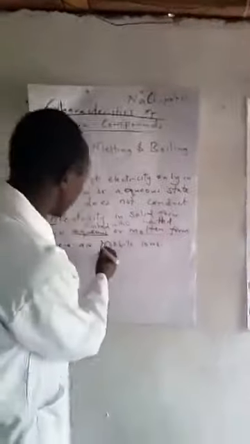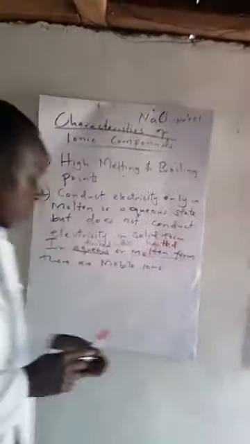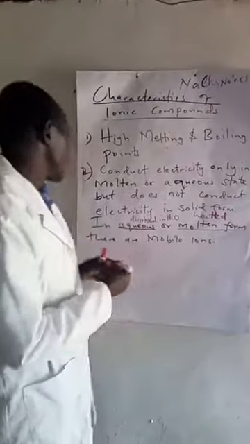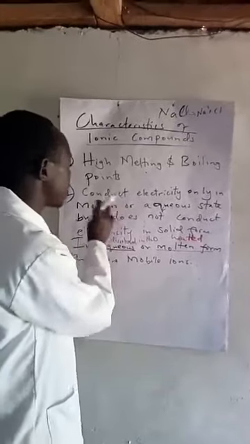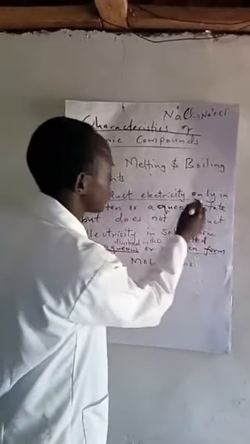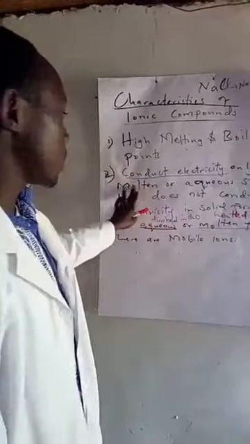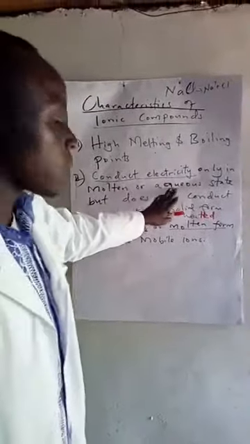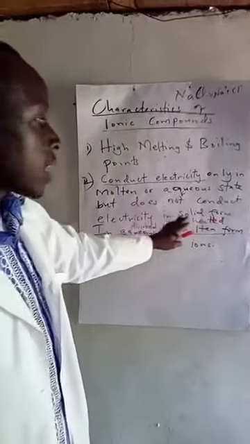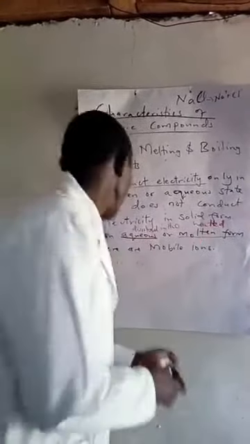That's why we are saying mobile ions. Now, these mobile ions are what enable it to conduct electricity. That's why we've said it conducts electricity only in molten form or aqueous form, but does not conduct electricity in solid form. So that is number 2.